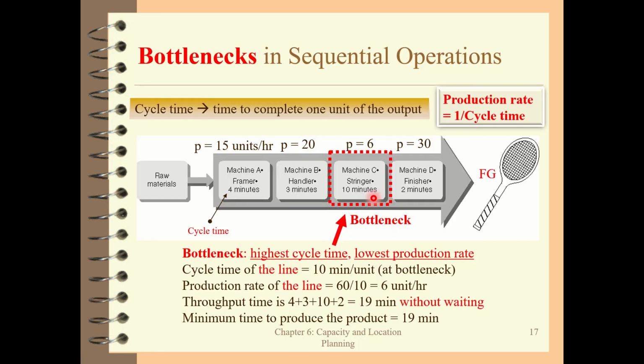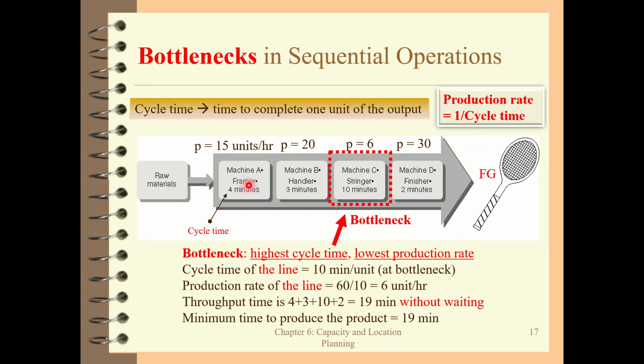Okay, so this is the last calculation question in your midterm examination. That is the bottlenecks in sequential operation or the flow shop operation. Suppose in our factory we produce the racket, tennis racket. Okay, this is the raw material come here, and the finished good is the racket.